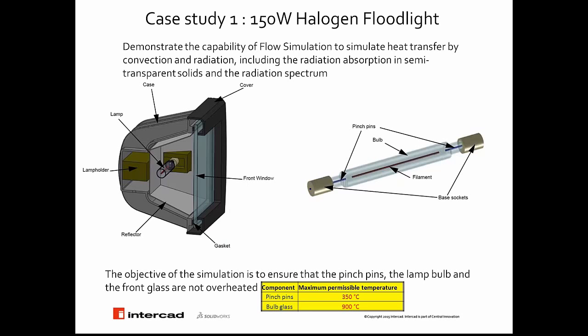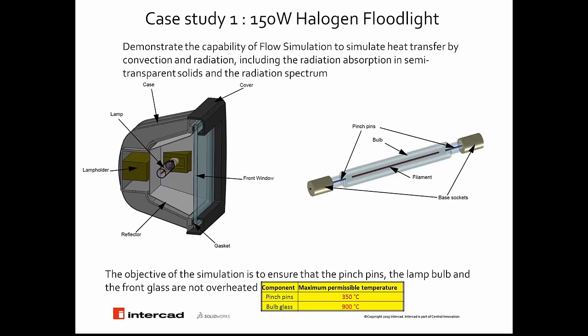293 degrees Kelvin. The lamp operates in a typical indoor condition at a room temperature of 20 centigrade without any forced cooling. So the objective of this simulation is to ensure that the pinch pins, lamp bulb and front glass are not overheated.